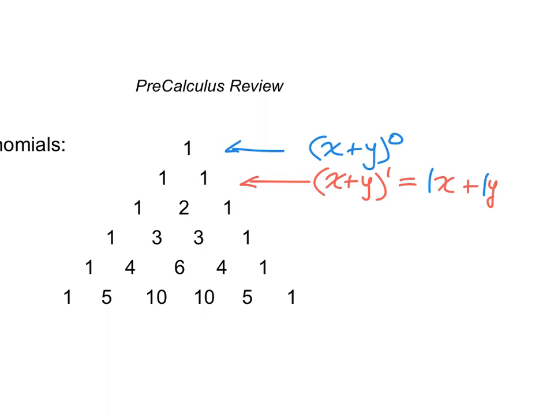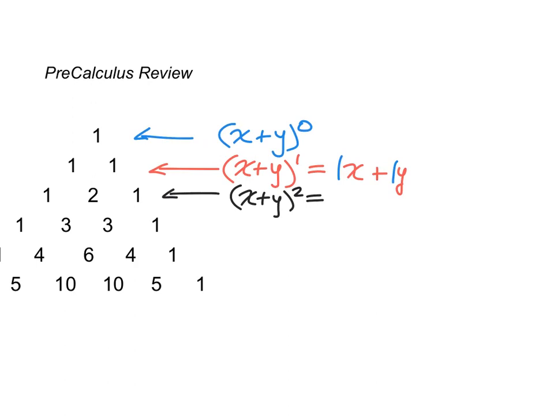If I were to take x plus y and raise it to the 2nd power, I won't bore you with the details, but the expansion here will be x squared plus 2xy plus y squared. Coefficients 1, 2, and 1.